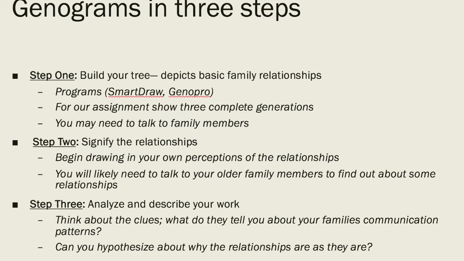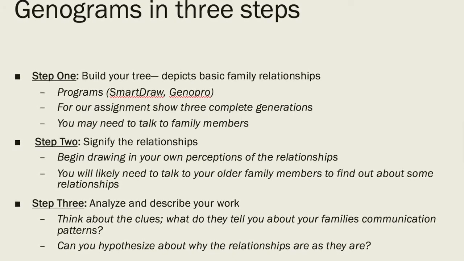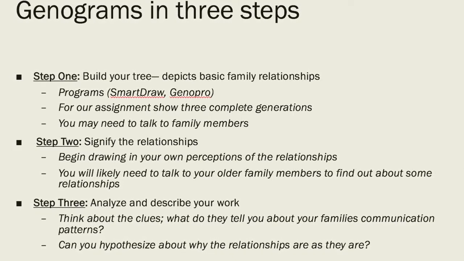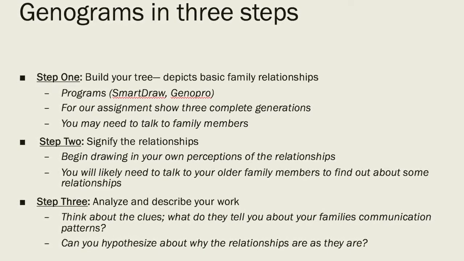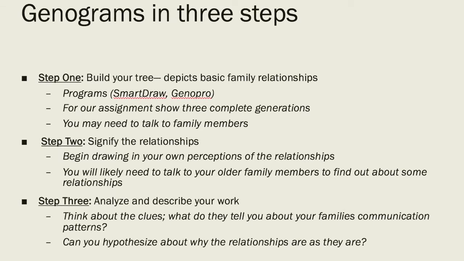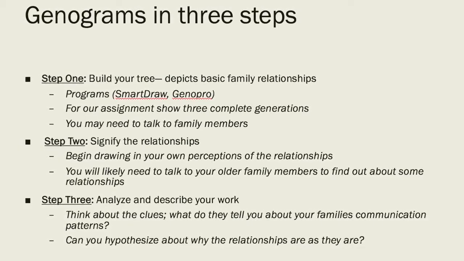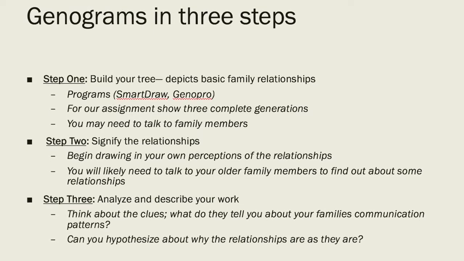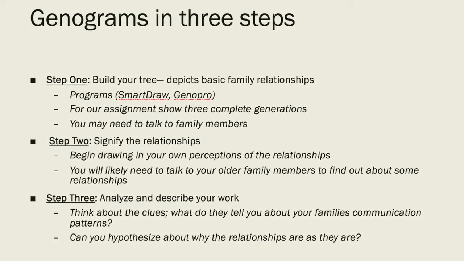For the purpose of this course, we're going to approach genograms in 3 steps. In the current step, step 1, we're going to basically build a family tree. We're going to use Genogram Analytics as our software. We're going to show 3 complete generations, or more if you choose to do so, and we're going to need to talk about each family member in those generations.